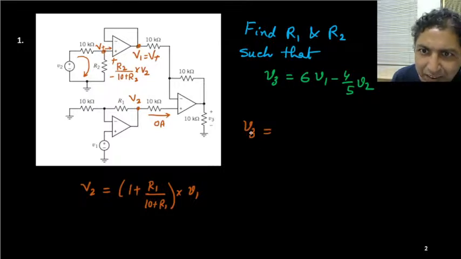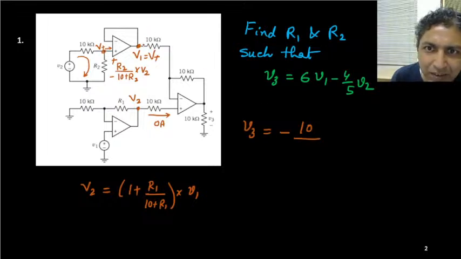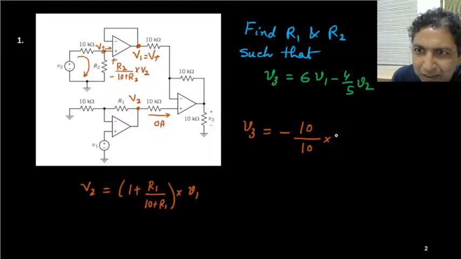So what is V3? It is simply minus. For this V1 it is inverting gain. So gain is, this is RF, RF is 10. So minus 10 upon this R1, which is 10, times this V1. V1 means V plus that we have considered.